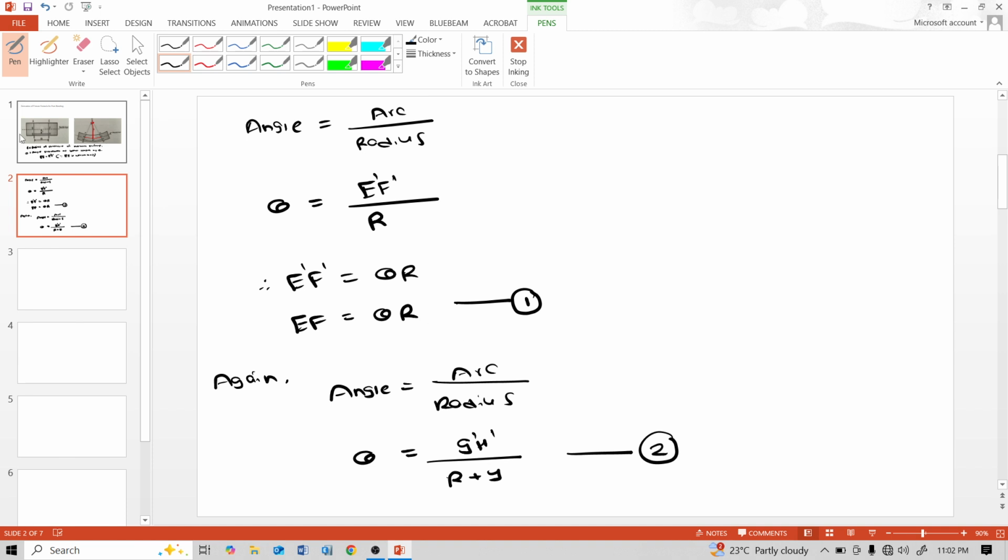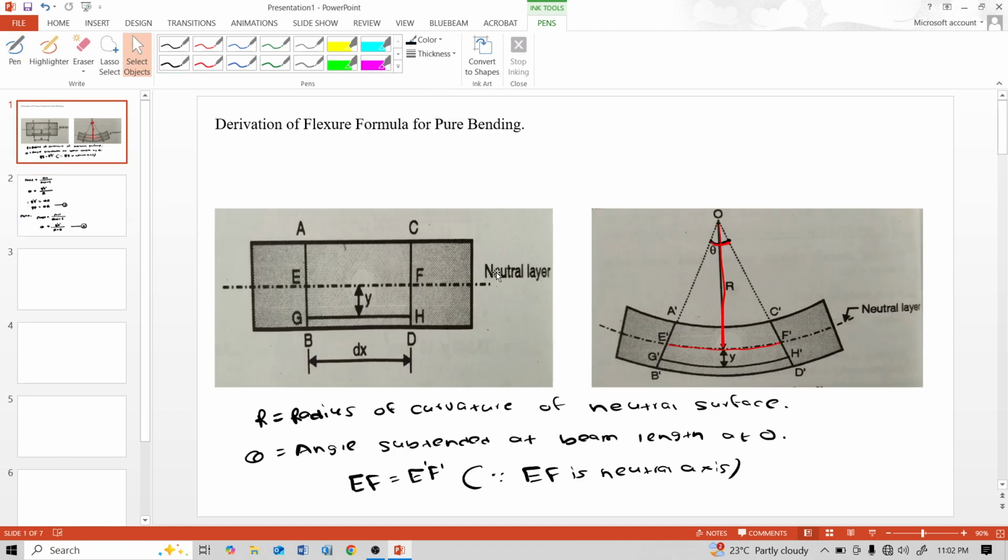Now the next step is strain in GH. Strain in this GH layer. Strain is change in length upon initial length, or change in length upon original length.